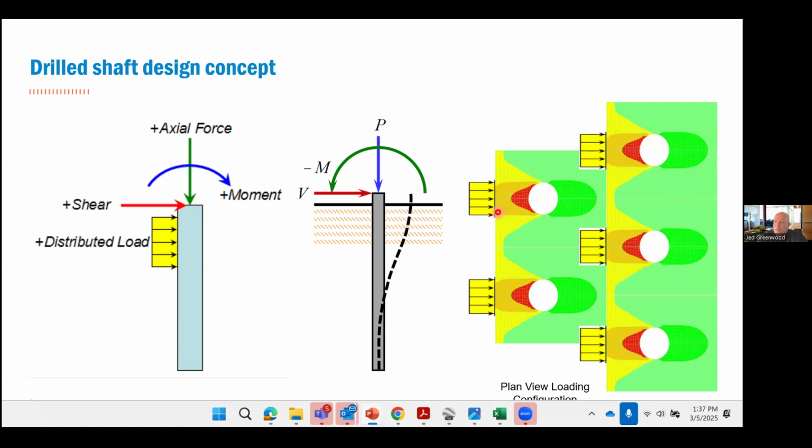And then you can see when we have 2 rows, we would stagger them like this. In FLAC, you're able to do a plan view model. It's a push test. So you're able to take a pile like this or a drilled shaft, and push it into the soil. It comes to some limiting response, and you're able to take those limiting shear strength values and put them in the 2D cross-section model. And it accounts for the soil structure interaction that way.